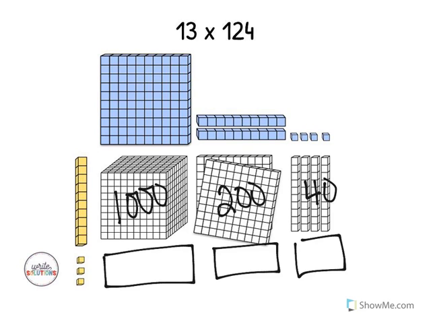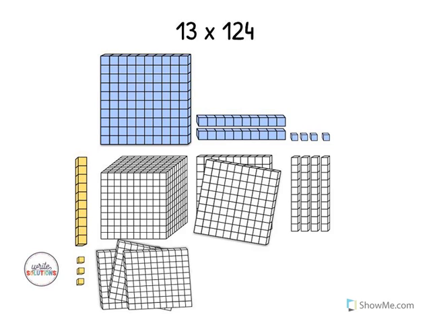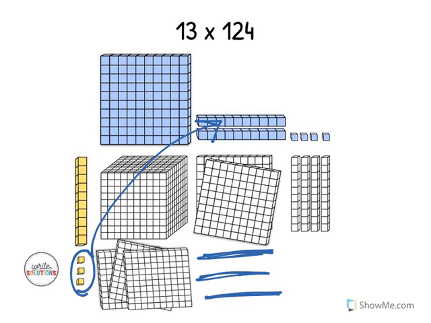So our next step is to distribute the 3 from the 13 first to this 100 flat. So 3 times 100 gives us 300. Next, we will distribute this 3 from the 13 to the 20. So remember, we're trying to fill in the space here in this array with 3 copies of what we see here.